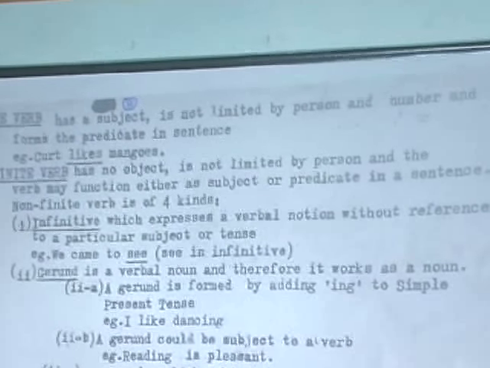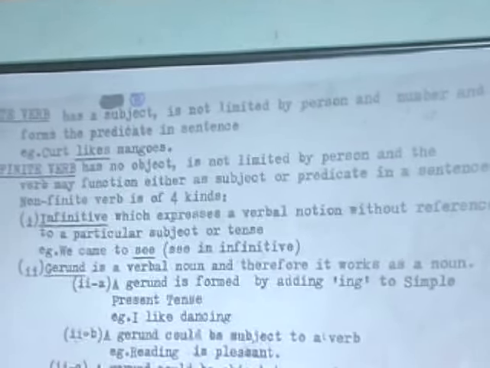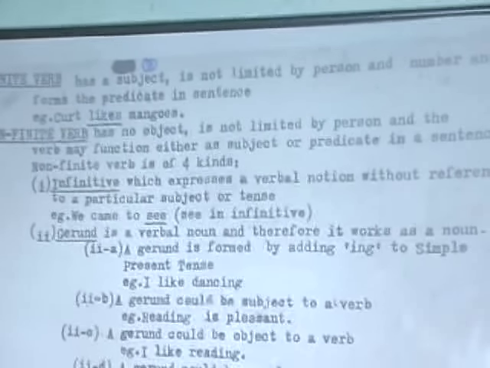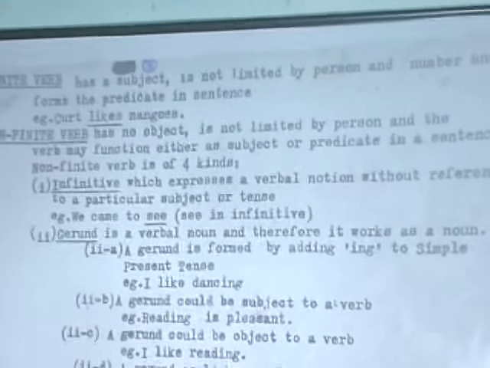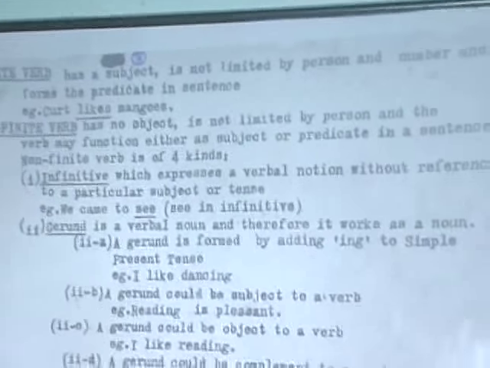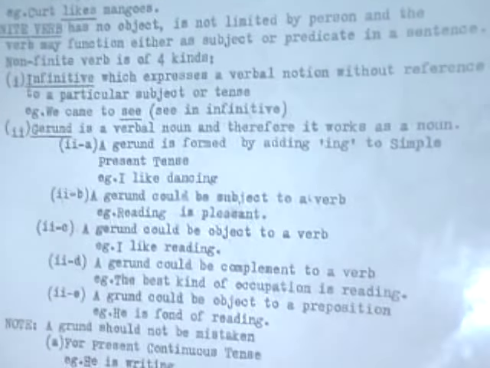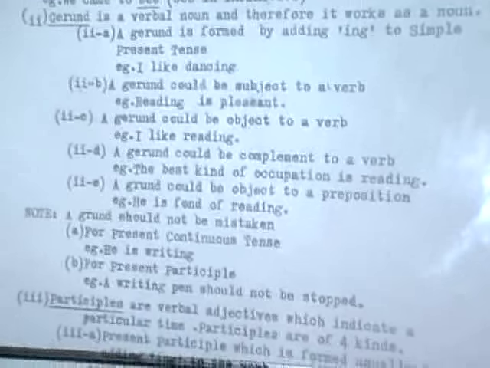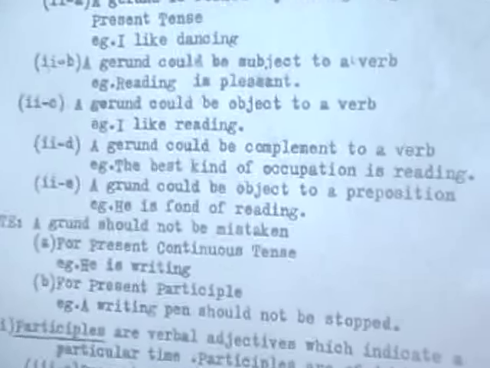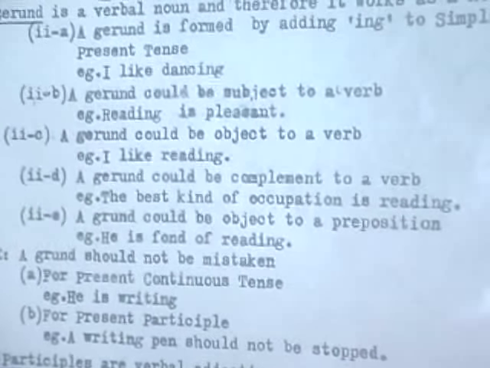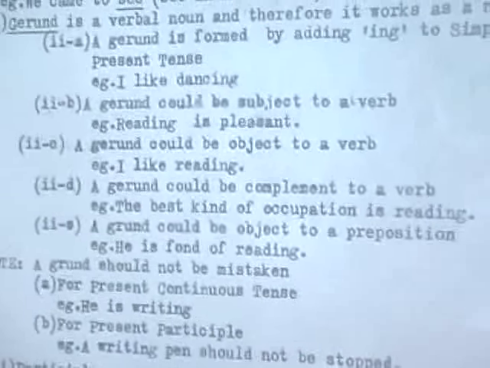A gerund could be object to a verb, as in, I like reading. A gerund could be complement to a verb, as in, the best kind of occupation is reading. A gerund could be object to a preposition, as in, he is fond of reading.